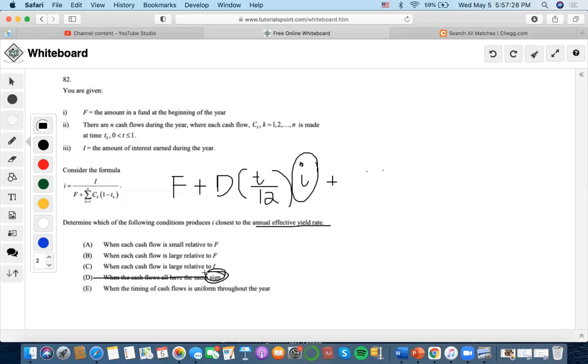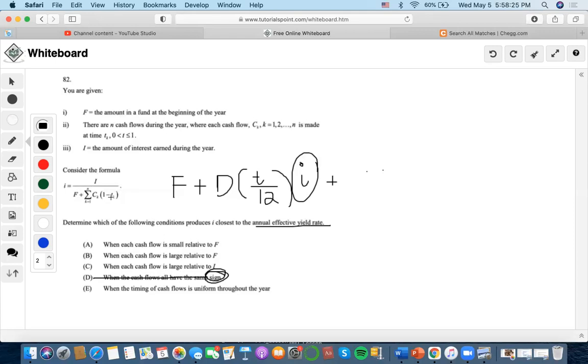And each cash flow is large relative to I. Well, if each cash flow is large relative to the amount of interest earned during the year, then wouldn't it mean that we would produce a higher amount in relation to multiplying each cash flow to I?